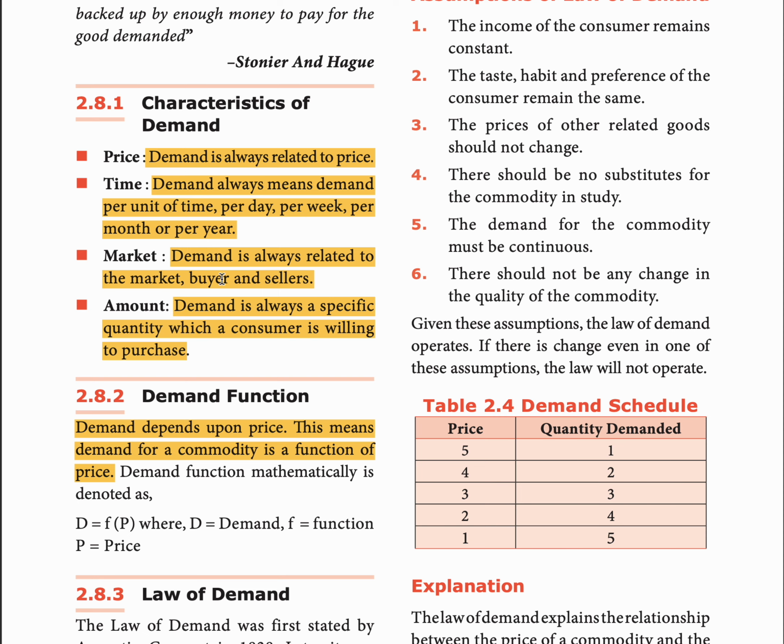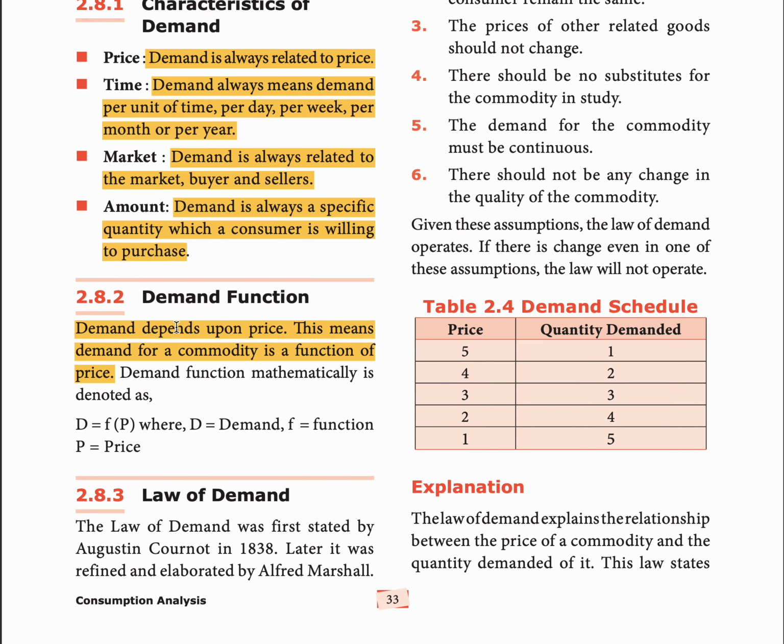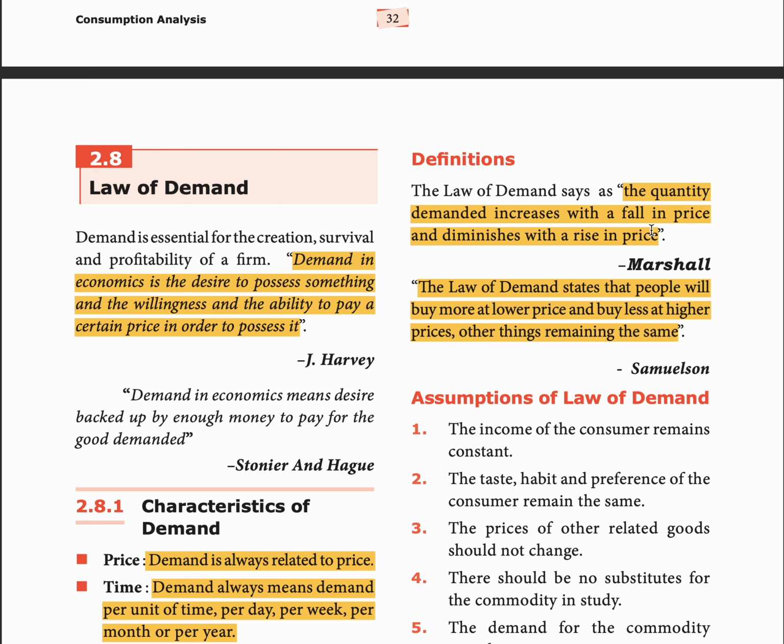Demand function. Demand depends upon price. This means demand for a commodity is a function of price, and we will understand how it depends on price. The quantity demanded increases with a fall in price and diminishes with a rise in price.